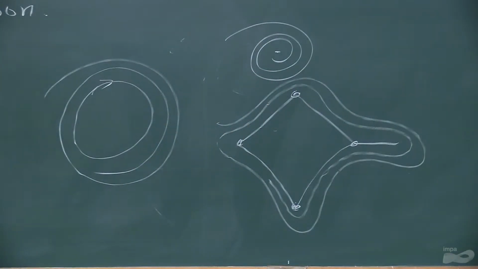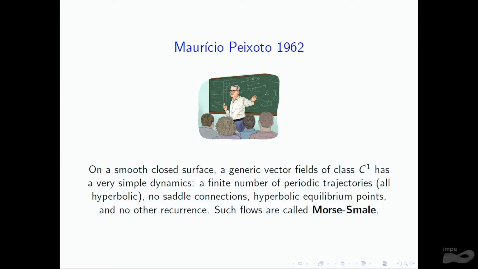And equilibrium points are hyperbolic, and there is no recurrence, meaning that all the trajectories accumulate on periodic trajectories or equilibrium points, as in the pictures. So such systems are called Morse-Smale. And Peixoto proved that a generic vector field is Morse-Smale on a surface.